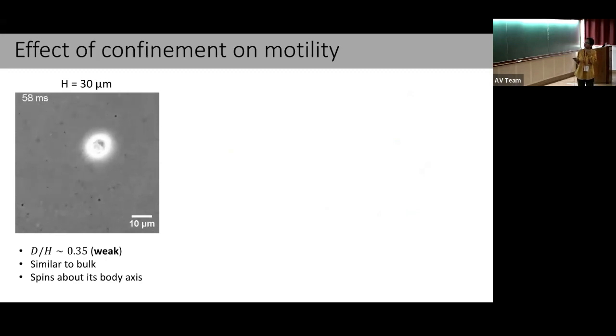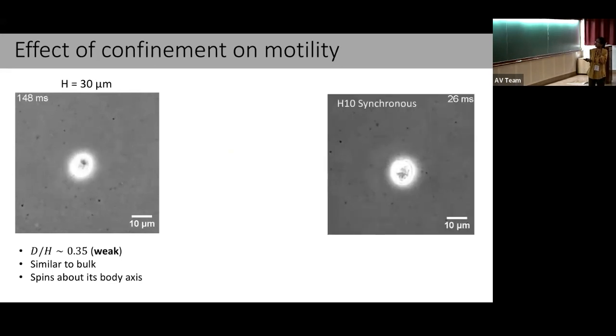These black dots are the tracer particles. The resolution is poor, maybe because we are on Zoom. In the extremely confined regime, you can see that the beads are actually tracing out vortices, so the flow becomes enhanced.